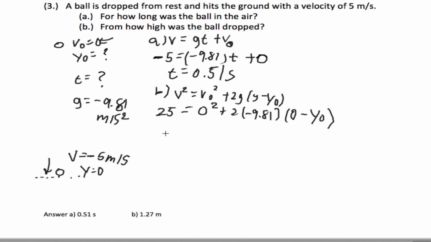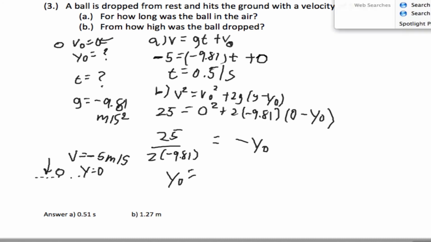And so I'm going to end up getting 25 divided by 2 times negative 9.81 equals negative y naught. So these two negatives, we can actually end up canceling them out. We actually end up getting y naught equals, I know the key says 1.27.